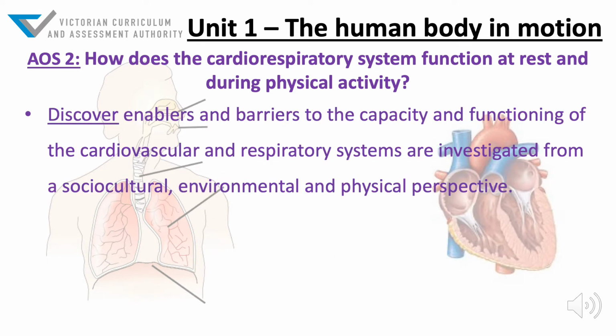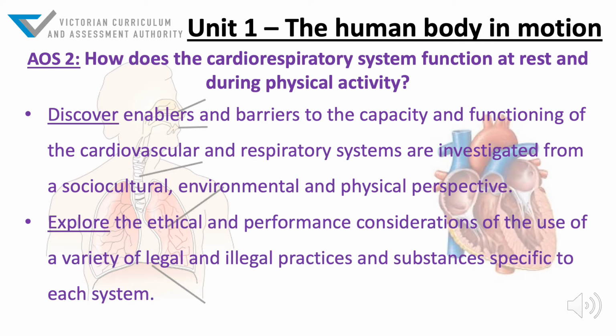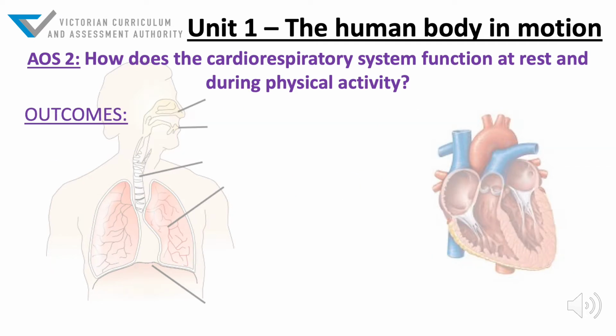You're going to discover enablers and barriers to the capacity and functioning of the cardiovascular and respiratory systems, and how they are investigated from a socio-cultural, environmental, and physical perspective. You're going to explore the ethical and performance considerations of the use of a variety of legal and illegal practices and the substances specific to each system.